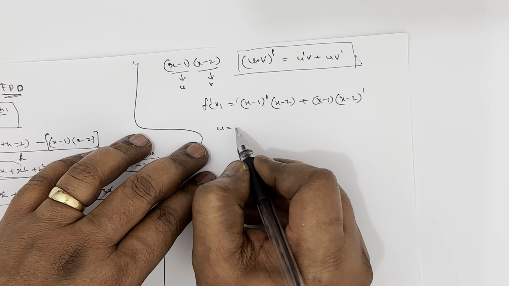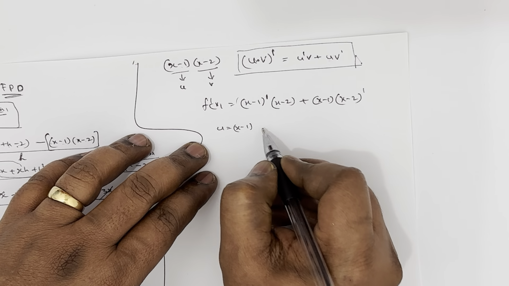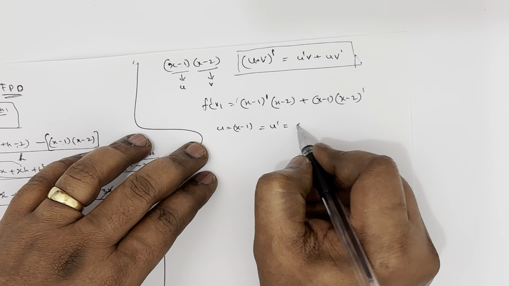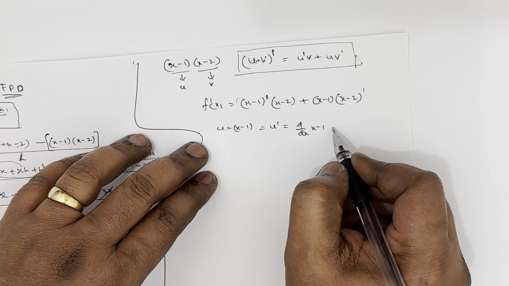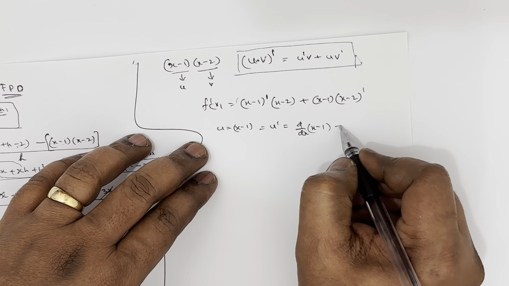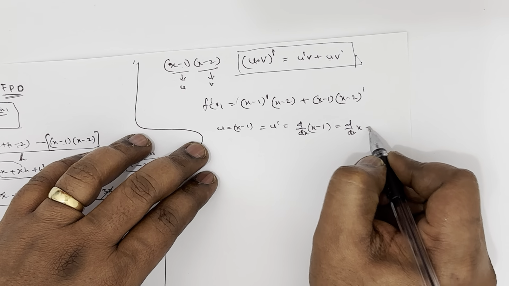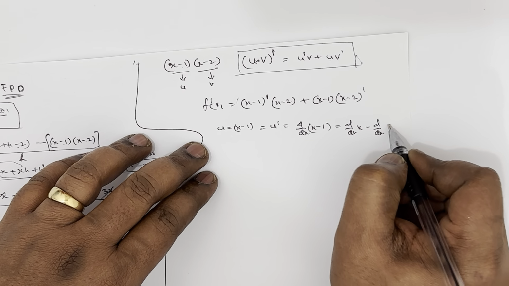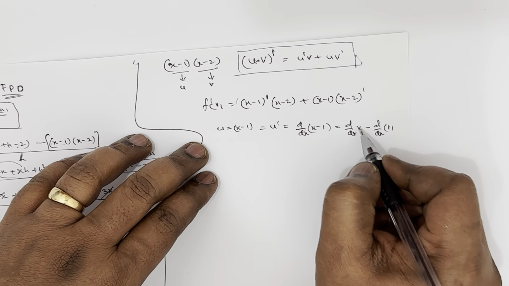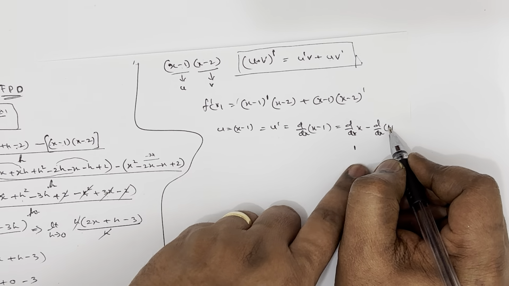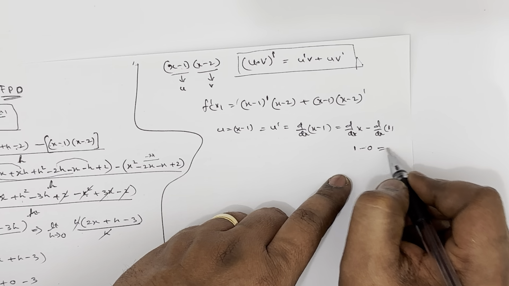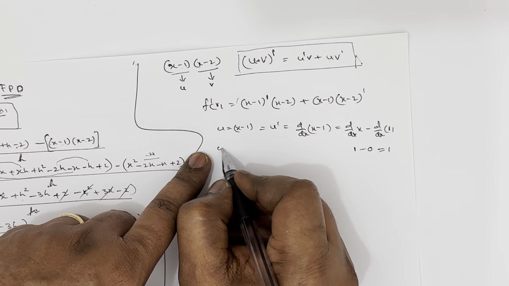Now u is equal to x minus 1, so u dash will be d/dx of x minus 1. When you split it, d/dx of x minus d/dx of 1. d/dx of x is 1 and the derivative of 1 is 0, which will be 1. So u dash is equal to 1.